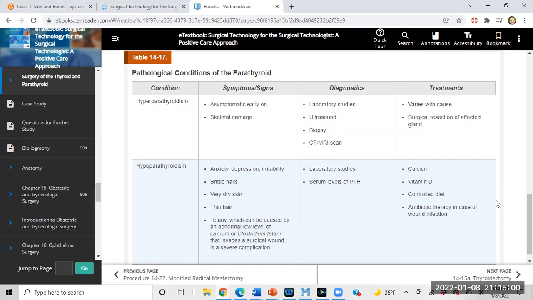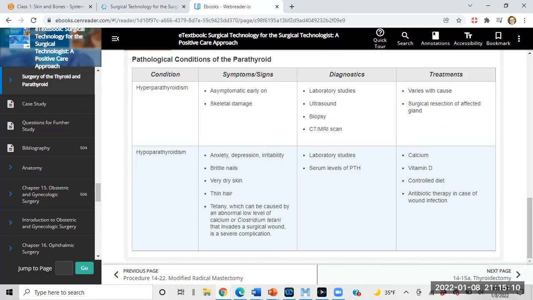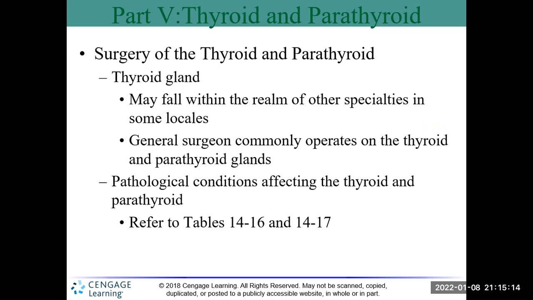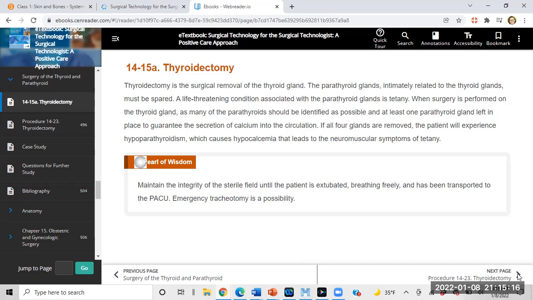Hypoparathyroid, here we're going to treat that primarily with supplementing calcium, vitamin D, diet is controlled, and antibiotic therapy if there's an infection there. And then the thyroidectomy. This is usually done for that hyperparathyroid or the thyroid cancer.